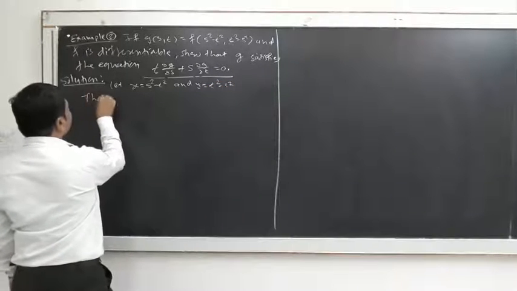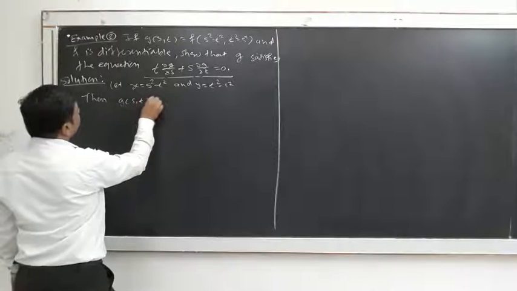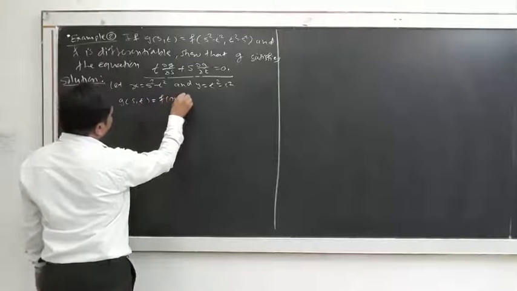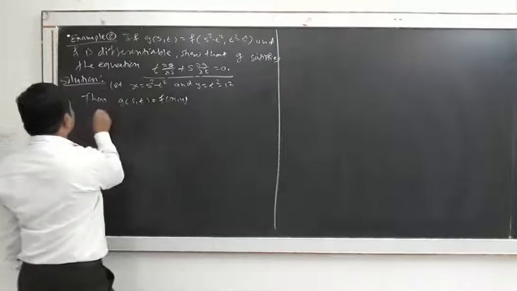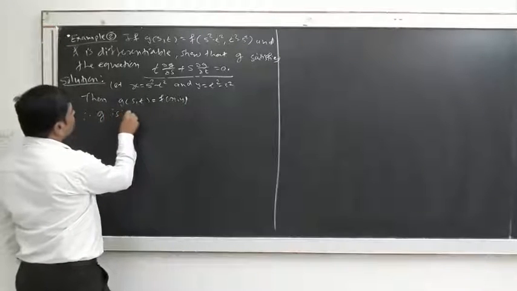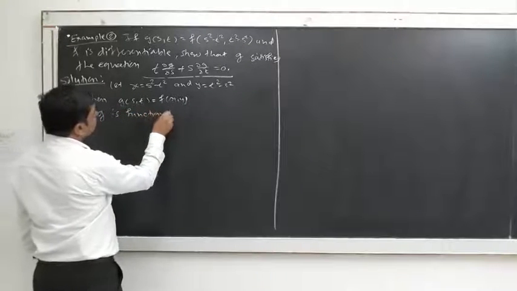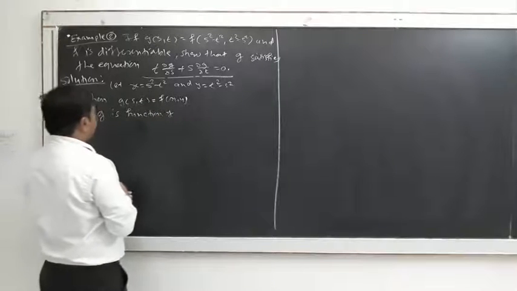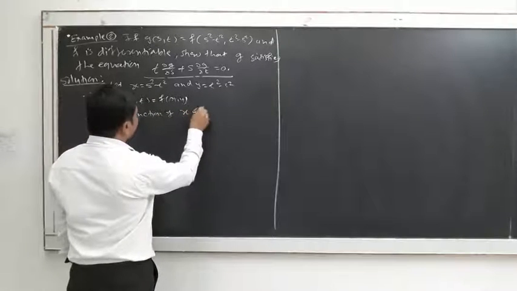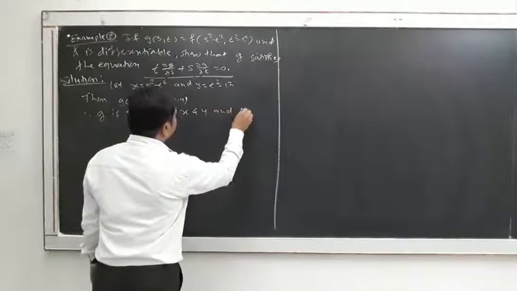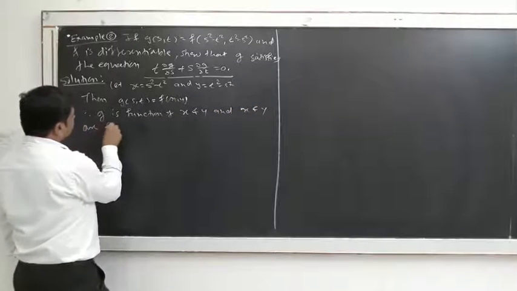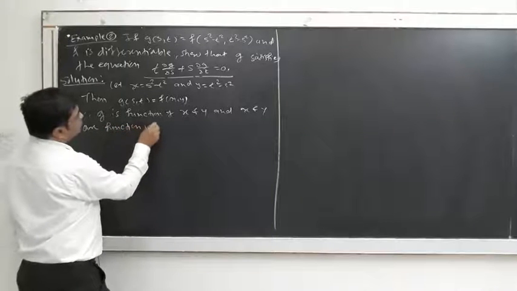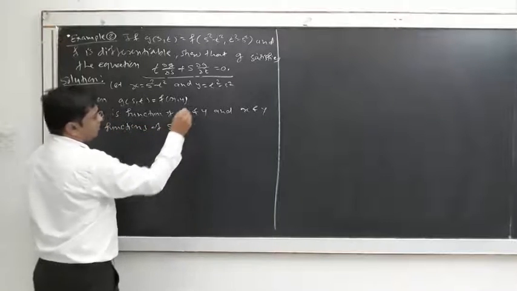Then we can say g(s,t) is our f(x,y), and therefore g is a function of x and y, and x and y are functions of s and t.